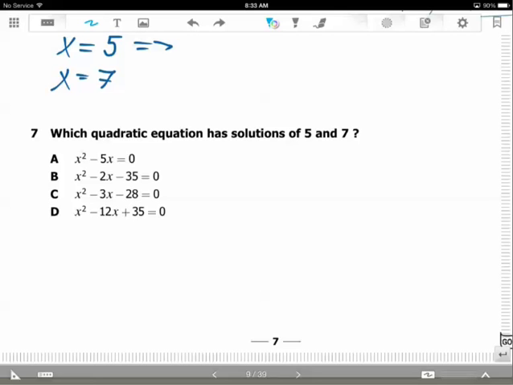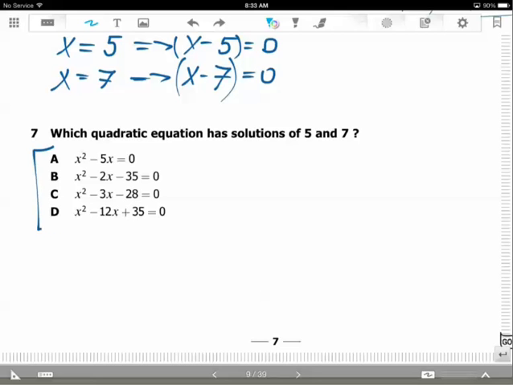Which means if in the first one you take away 5 from both sides, you have x minus 5 equals 0, and in the second one you have x minus 7 equals 0, okay? Which give you the possible factors of any one of these options in here, whichever is the right one, should have as factors x minus 5 and x minus 7.